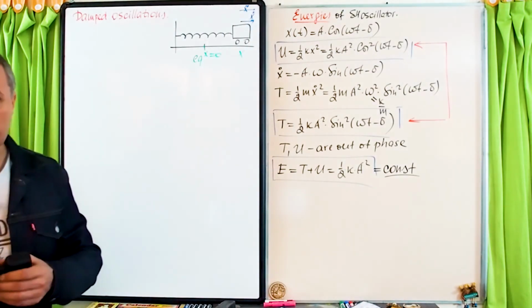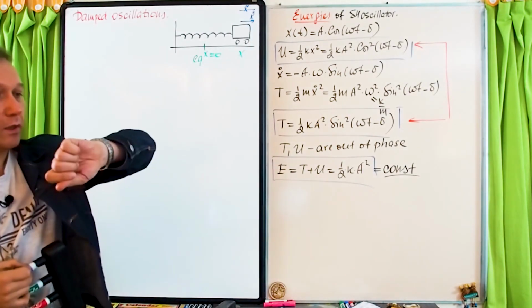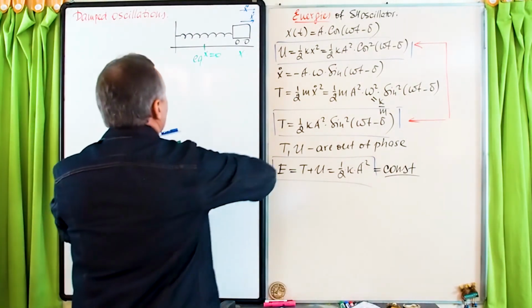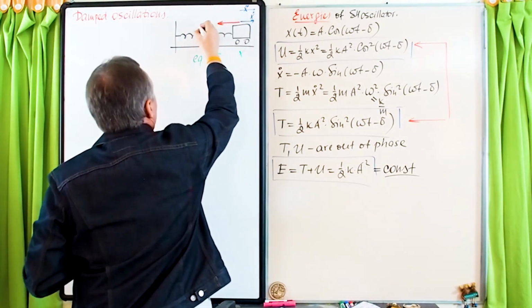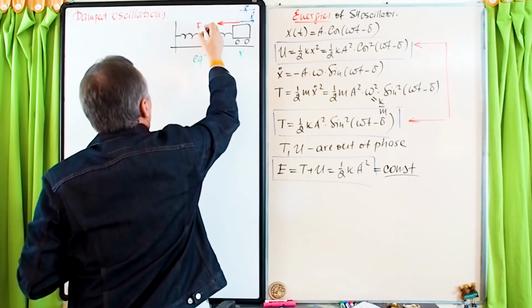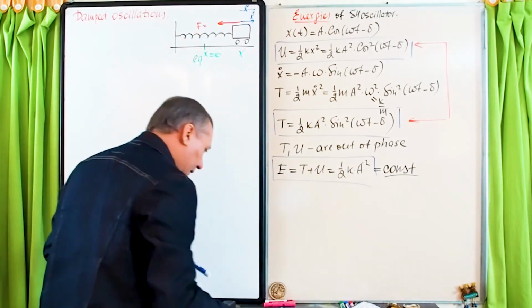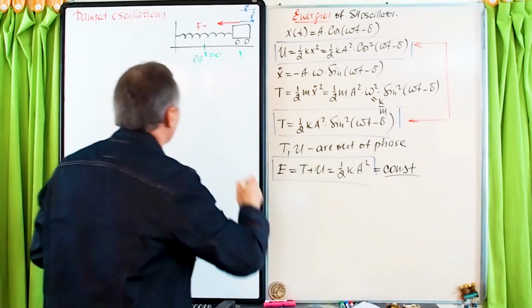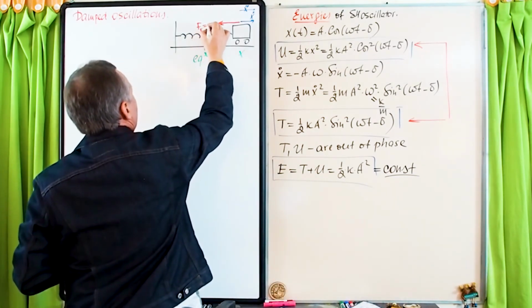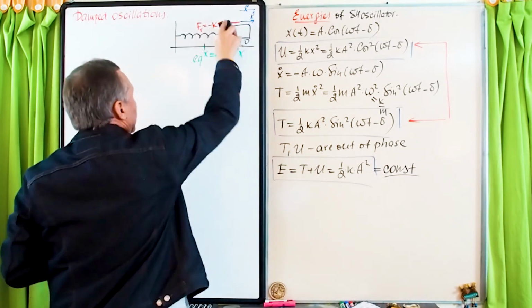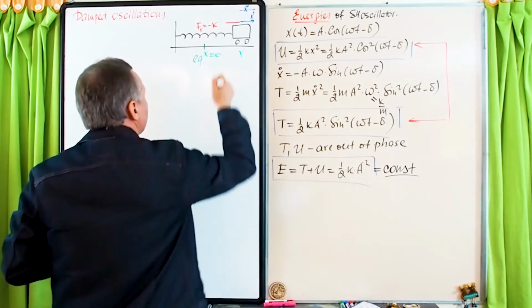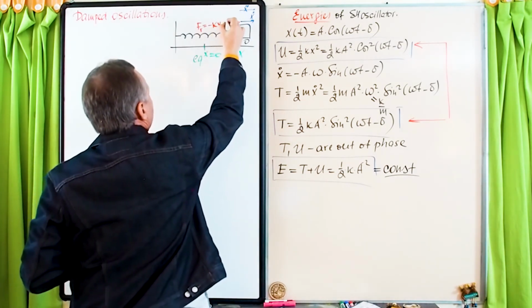The spring force is a restoring force, so it will be this way. F sub R, restoring, so minus kx.